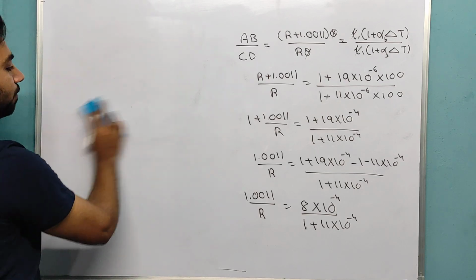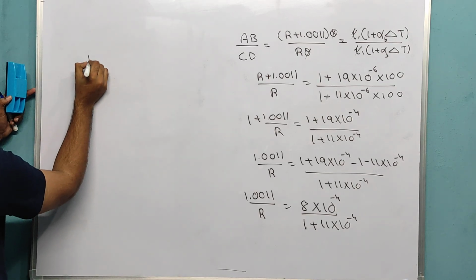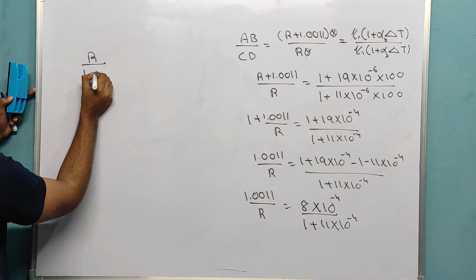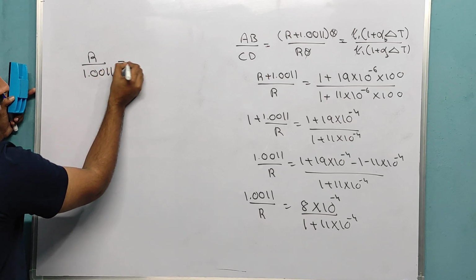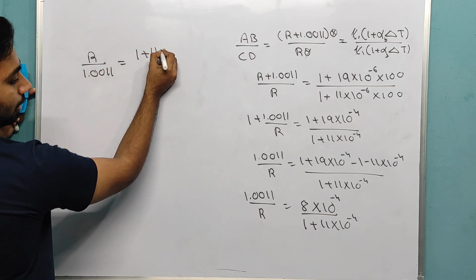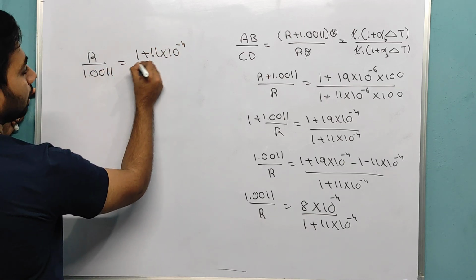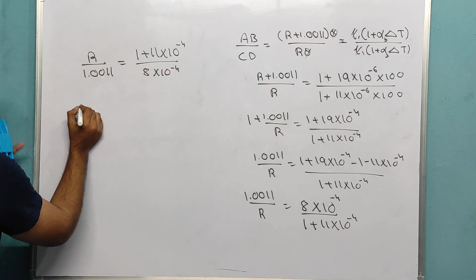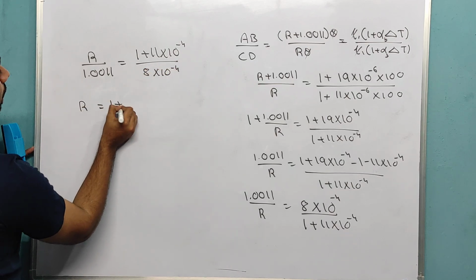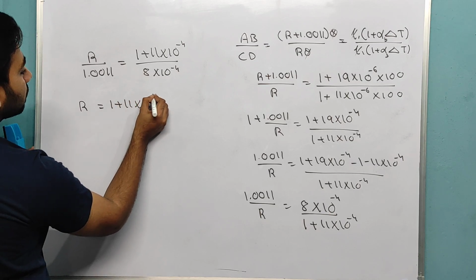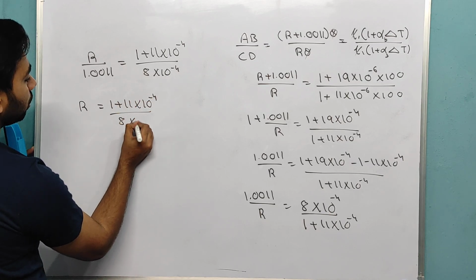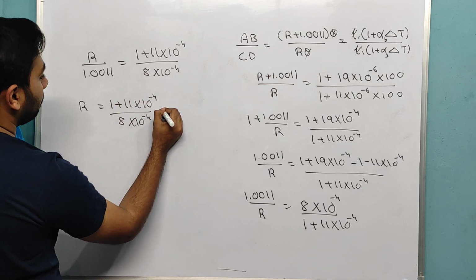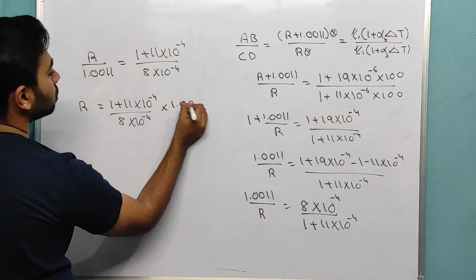If I calculate this, then I can write R is equal to 1.0011, which is equal to 1.11 into 10 to the power of minus 4 divided by 8 into 10 to the power of minus 4. Alright, now I can do it as 1.11 into 10 to the power of minus 4 into 8 into 10 to the power of minus 4 into 1.0011.